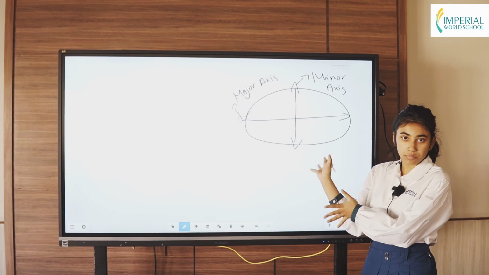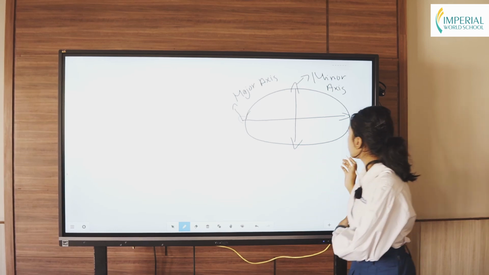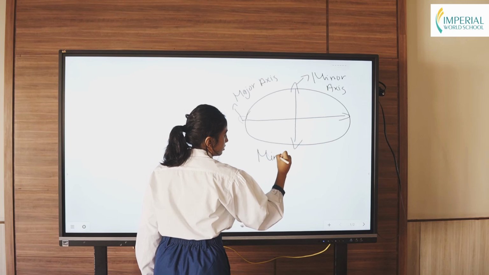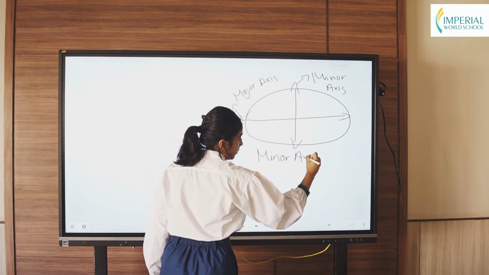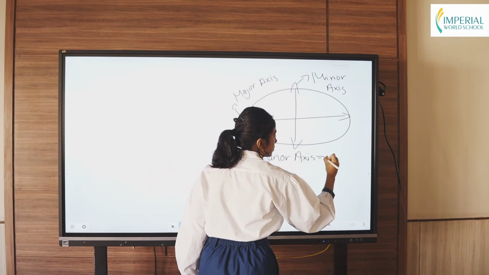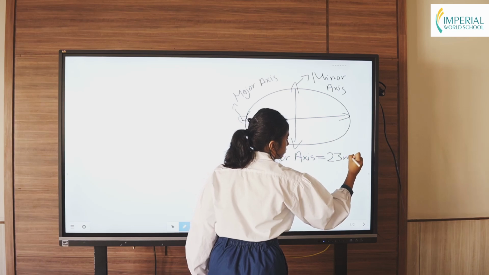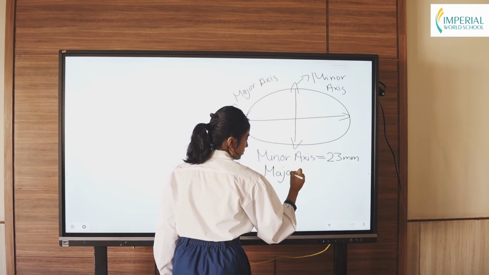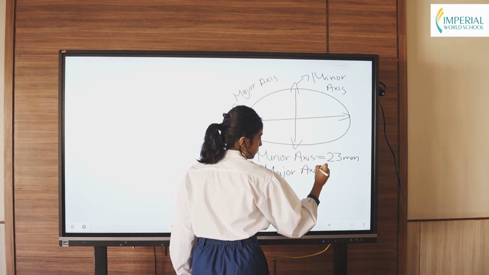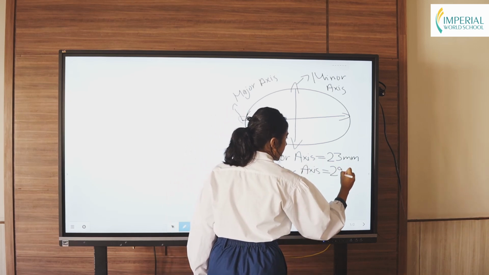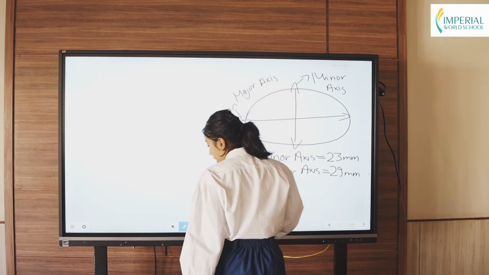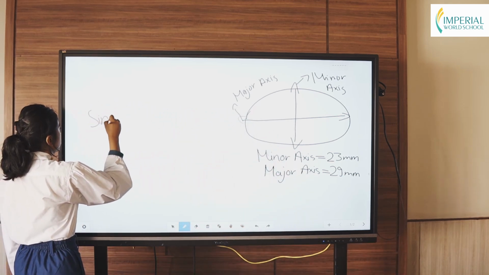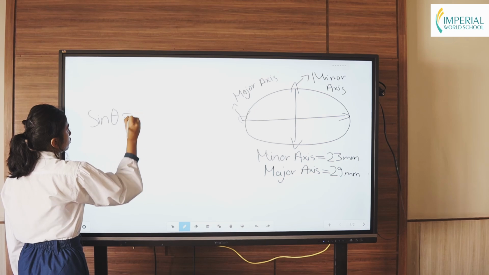Now we have this simple diagram. Now we need the measurements, which is minor axis is 23 millimeters, and the major axis is 29 millimeters. Now that we have all this, we can use sine ratio to find the impact angle.